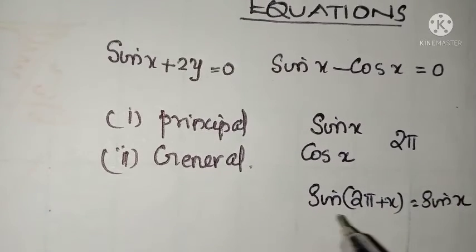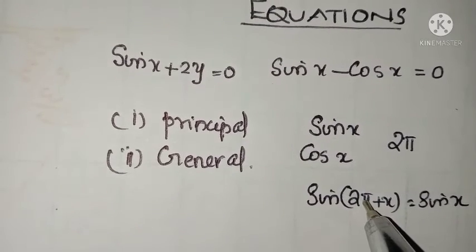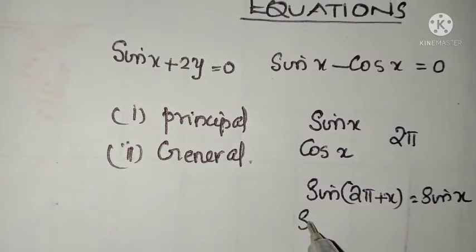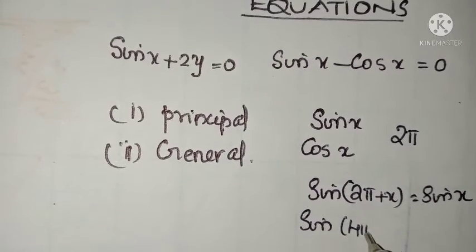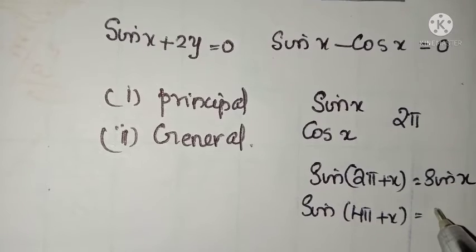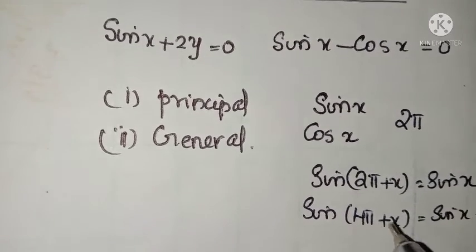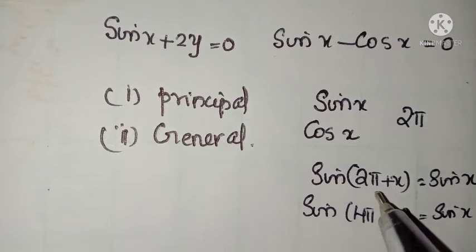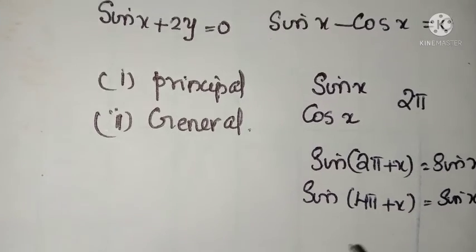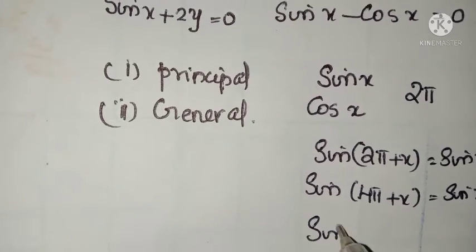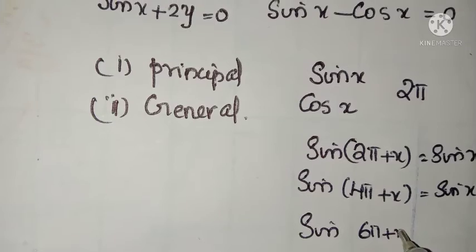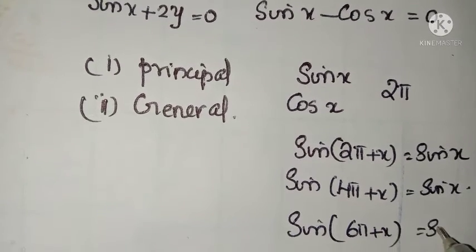This is the meaning of sin repeating after a 2 pi interval. Or sin of 4 pi plus x gives sin x. So here two rotations are completed, 4 pi. Sin of 6 pi plus x equals sin x and so on.